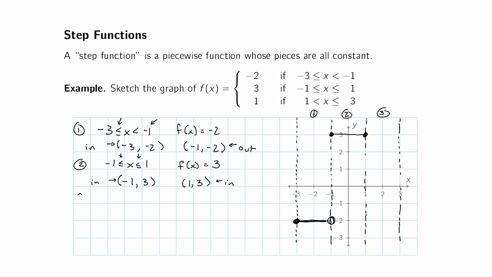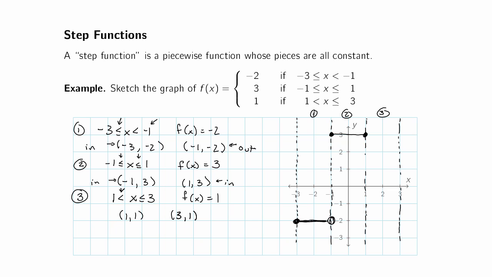On piece number 3, x goes from 1 to 3. And on this piece, f of x is 1. So our endpoints are going to be 1, 1, and 3, 1.